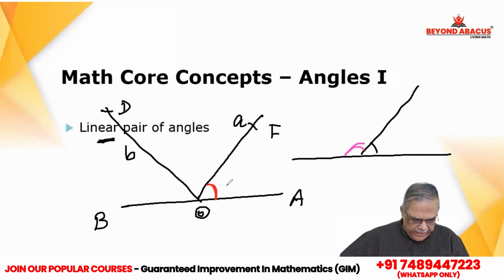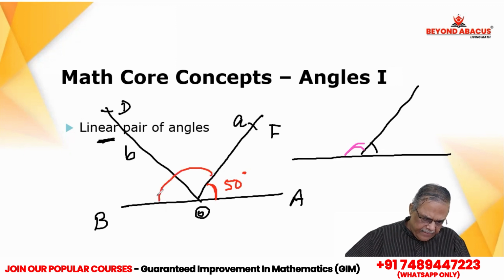Suppose, let us assume, it is of 50 degree. So together, this and this, they will form supplementary angles, but they will not form a linear pair because this line DO is coming in between.